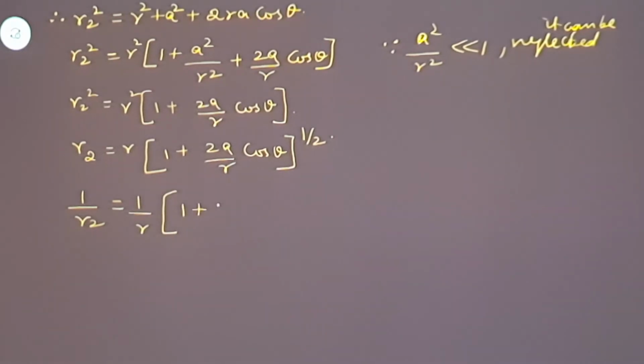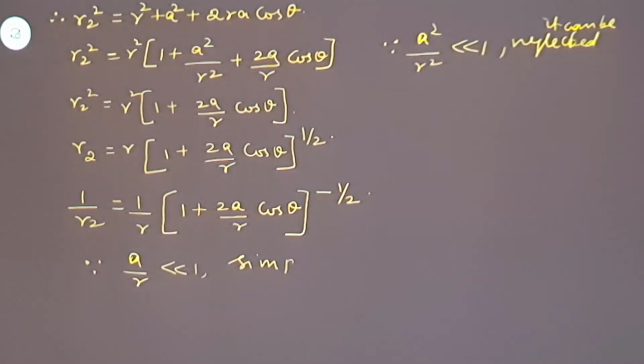This can be written as 1 divided by (2a by r into cos theta) to the power of, instead of plus, I have to write it out as minus 1 by 2. Again, an approximation. Since a divided by r is very less than 1, simplify binomially.